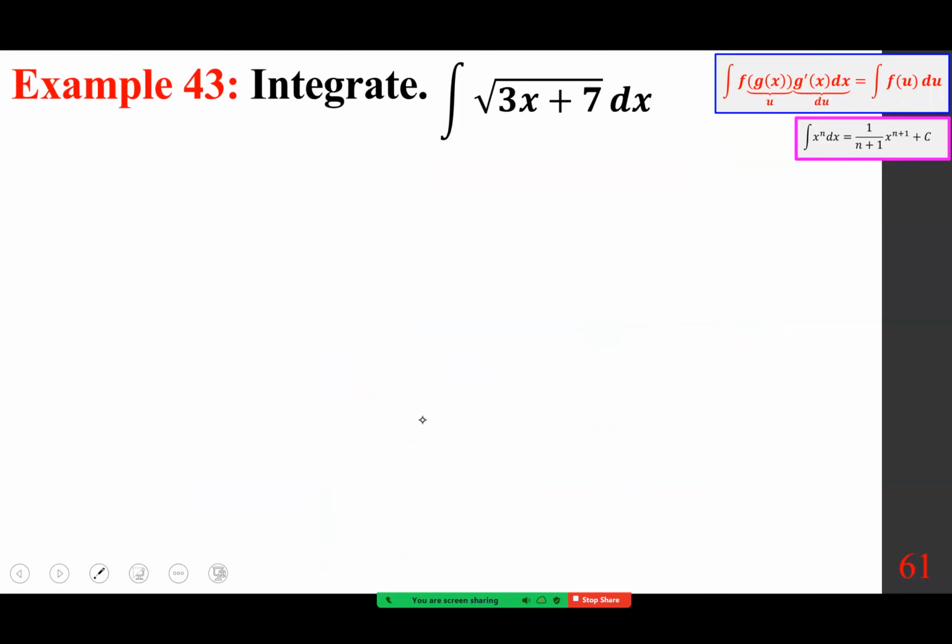What I want to do for this one, I want to look at it from the point of view of others and the text that solves for dx. And also I want to look at from the point of view of me, what I may explain, which is the easy way out. Number 1, you let u be 3x plus 7, and du is 3 dx.